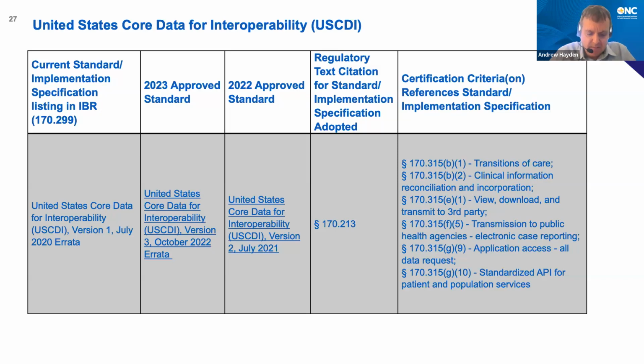And this was reflective of public comment support of all public commenters that were in favor of US CDI v3. There were several new social determinants of health and clinical care data elements and new guidance on how to improve interoperability between different healthcare systems that you'll see in US CDI v3. Next slide, please.